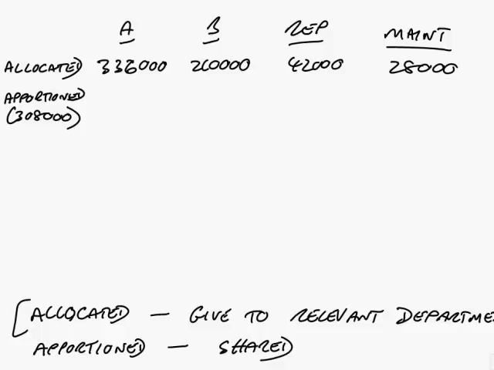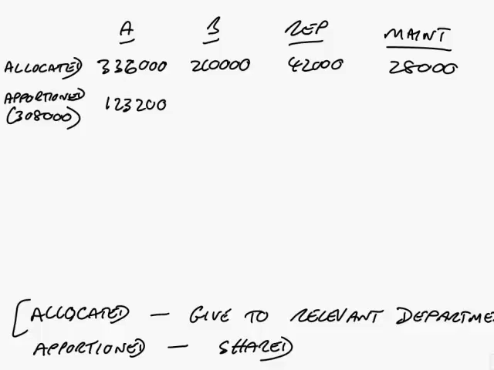So 20% of 308,000 is 61,600. And finally 10% to maintenance, which is 30,800. Stop me the minute you need, but is everybody clear what I'm doing? Nobody's clear, but I'll carry on since nobody's said anything. No problem. We've now split the overheads in one way or another between the 4 departments.